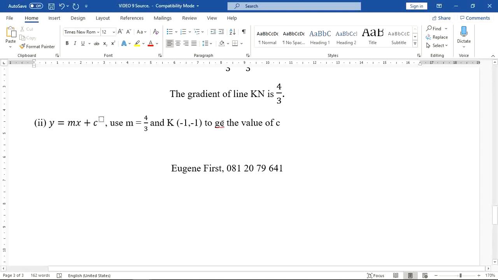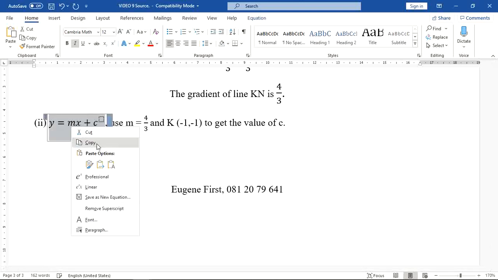So what we need to do is substitute what we have so we can get the c. Once we have the c, the equation will be complete. Okay, so let's take this guy, let's work with him.